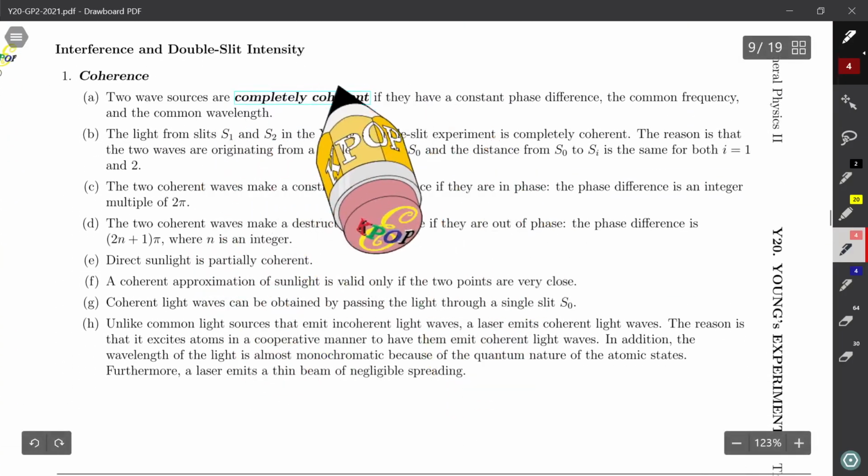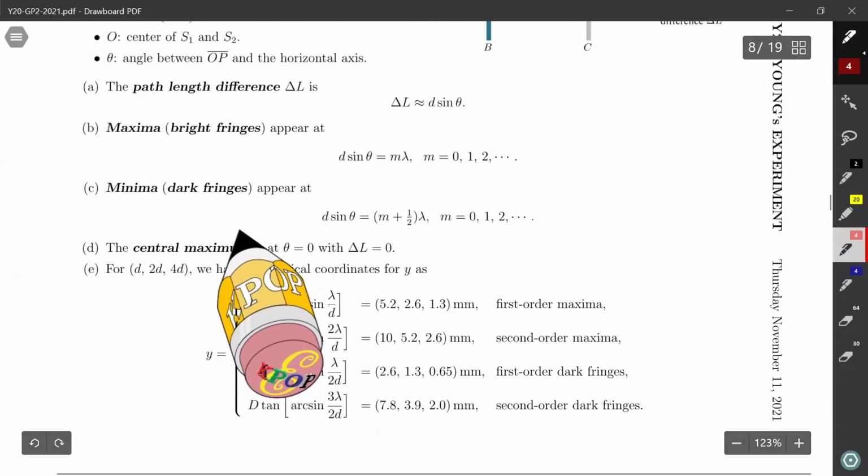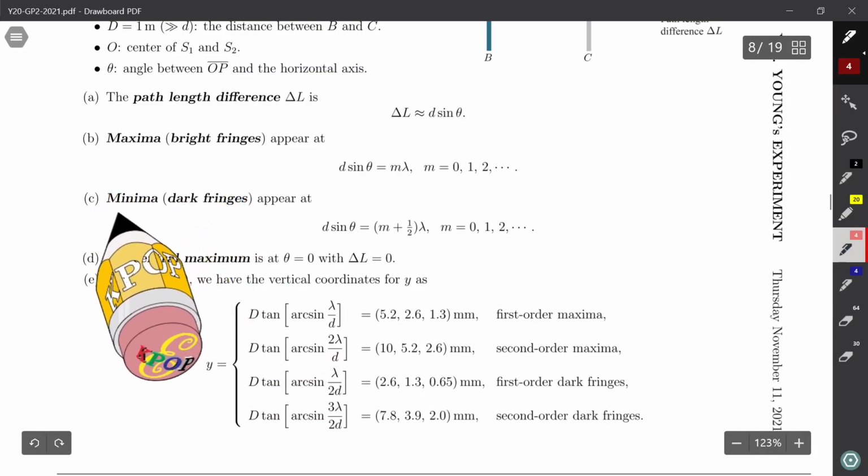And using that coherent light, we are able to identify the maximum and minimum points.